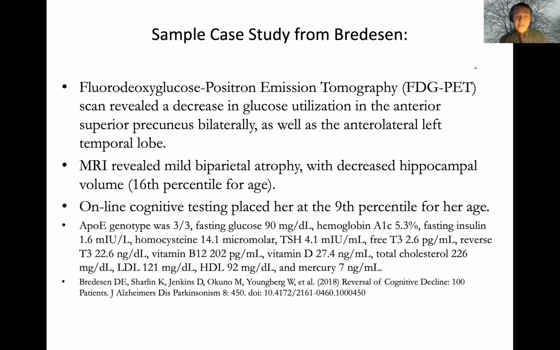The PET scan showed decreased glucose utilization in the anterior superior precuneus bilaterally, as well as the anterolateral left temporal lobe. MRI revealed biparietal atrophy with decreased hippocampal volume to the 16th percentile for age. Neuropsychological testing placed her at the 9th percentile in cognitive functioning for her age.